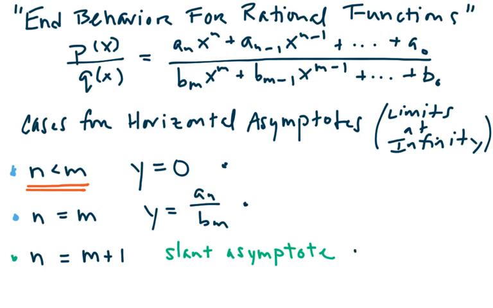The slant asymptote, and I'd recommend that you go through some examples of slant asymptotes, it's going to be a line, but what happens is your function is approaching infinity or negative infinity along that line. Okay, so that also tells you something about the function. So I'm going to stop this video here, and the next video I do will be a couple examples of how to take limits at infinity.